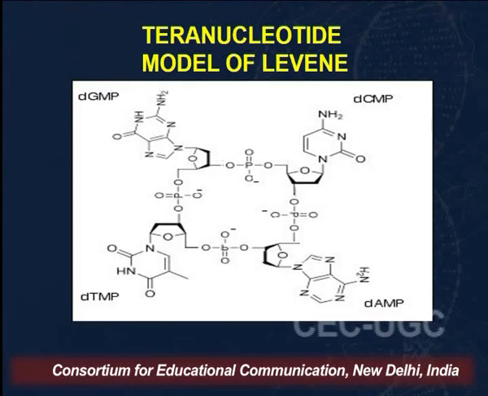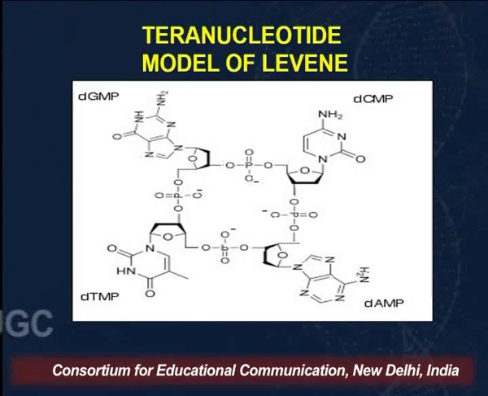On your screens you can now see the tetranucleotide model of Levene, and he said that each unit of nucleotide is made up of a base which is attached to a sugar, which in turn is attached to a phosphate group.